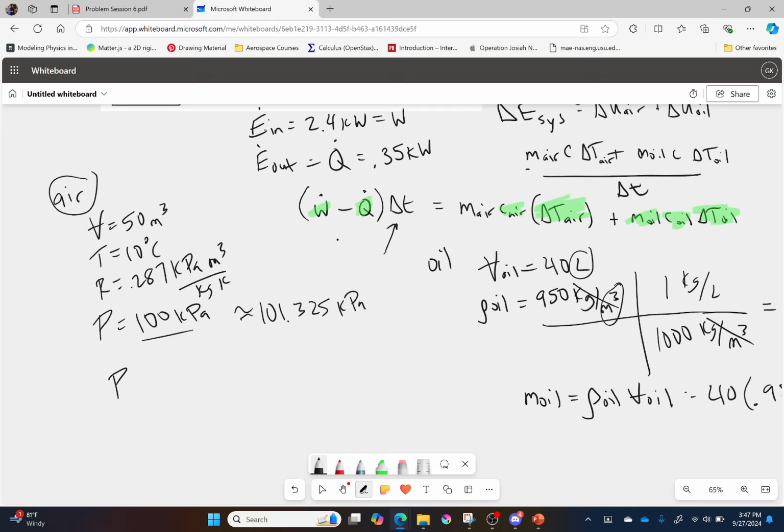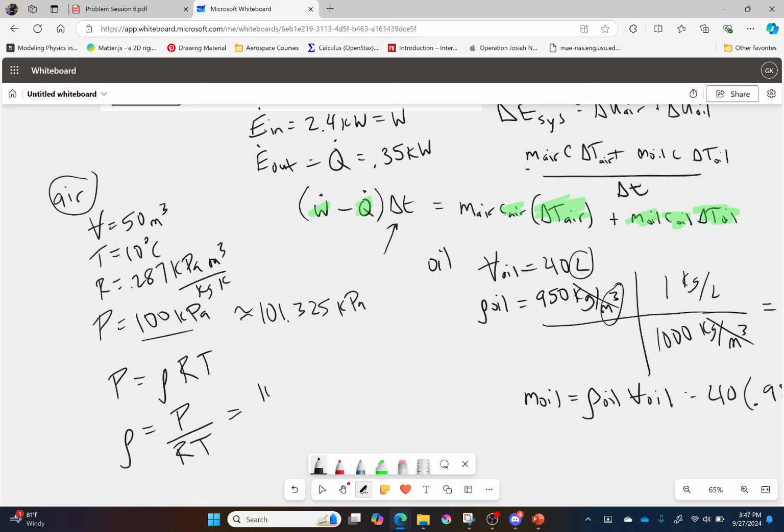And we know that PV is equal to mRT. Or if I really want to make this work better for myself, P is equal to the density times the specific gas constant times temperature. So I'm going to solve for density. Density will be equal to the pressure over the specific gas constant times temperature.